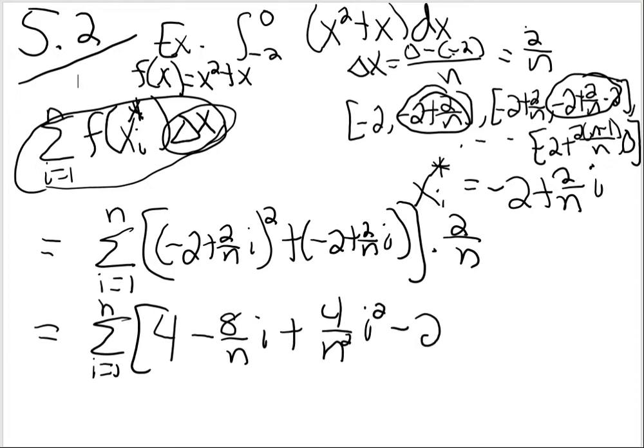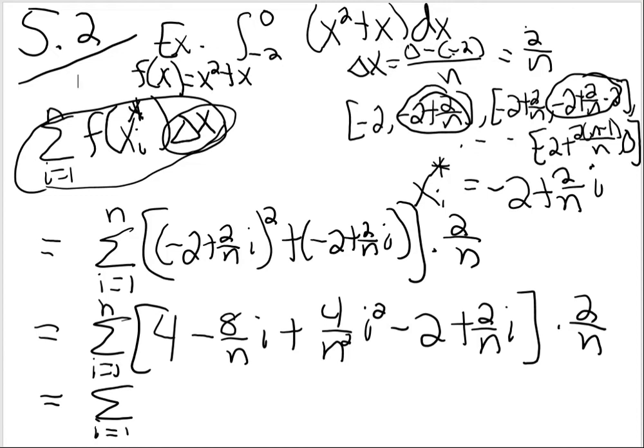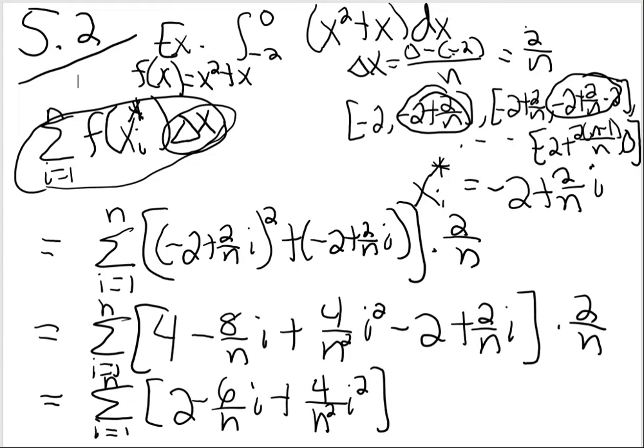And then you still have the minus 2 plus 2 over n i, times 2 over n. What is this thing going to be? Well, we can combine like terms. You'll get 2 minus 6 over n i plus 4 over n squared i squared, times 2 over n.